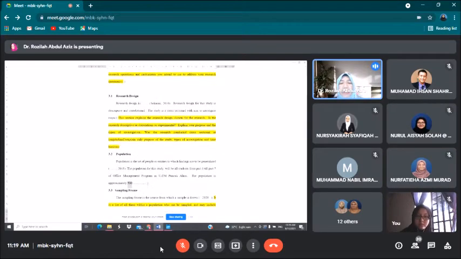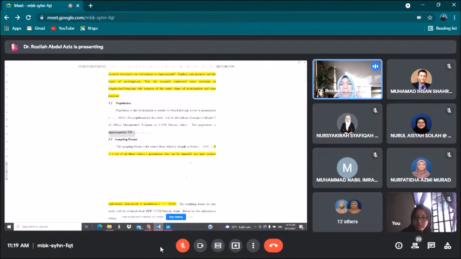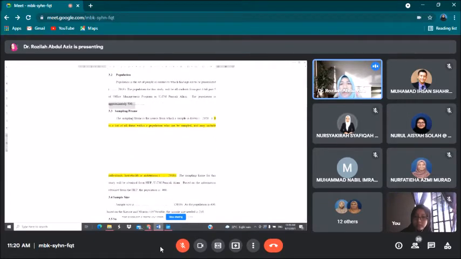Okay, and sampling frame, ni population, and then 3.3 sampling frame. Sampling frame maksudnya ialah where did you get the information on this? 500, mana you dapat? Betul ke? Dan saya tulis kat sini, sampling frame is the source from which a sample is drawn. So it is a list of all those within population who can be sampled. So yang ni kuning, ingat ya, kuning ni hanya instruction sahaja.